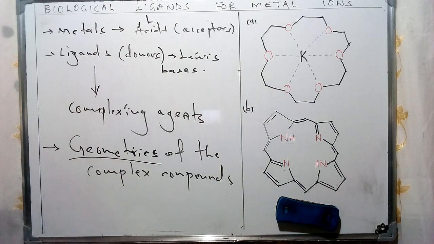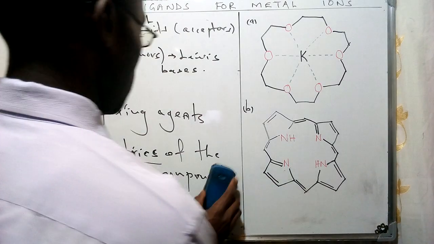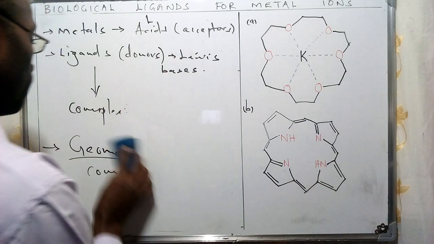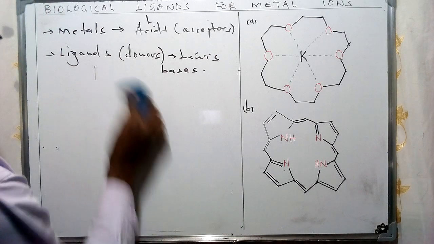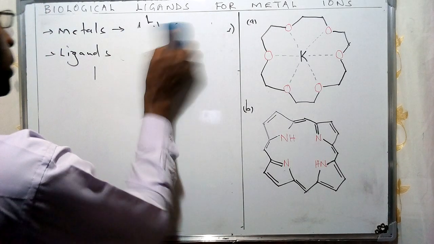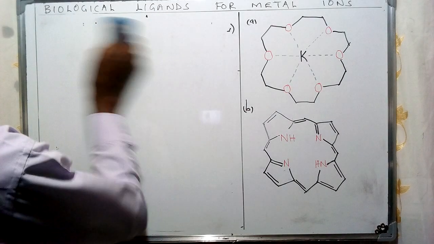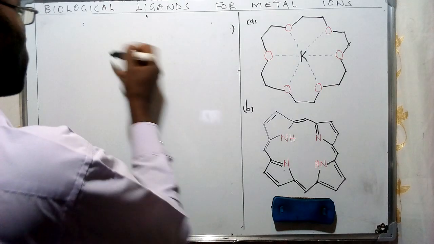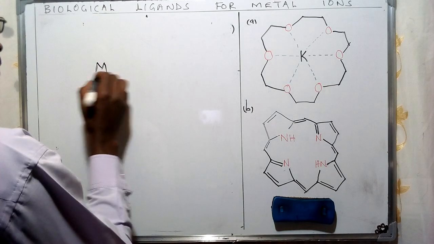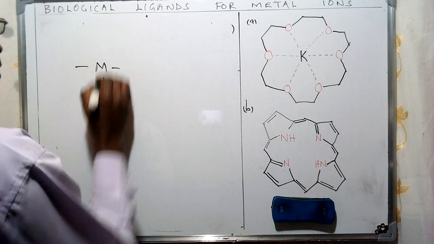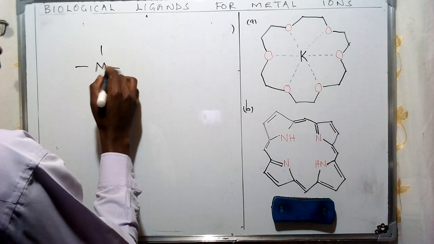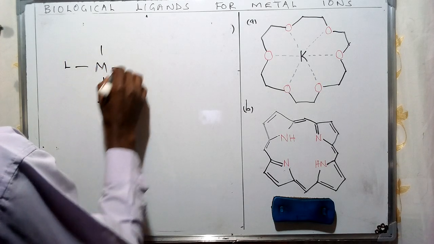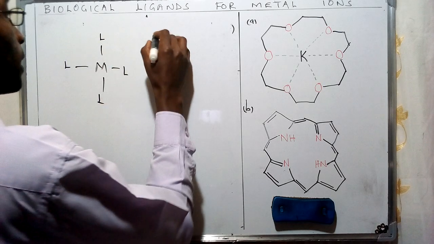Now, the metal ions are going to be forming centers in this specific case, whereby in case we have a general illustration for these specific complexes, we can have a metal ligand combination, which is going to be giving us various examples. So metals are going to be combining with a number of ligands. For instance, we can give a combination which is going to be consisting of various ligands given as such.